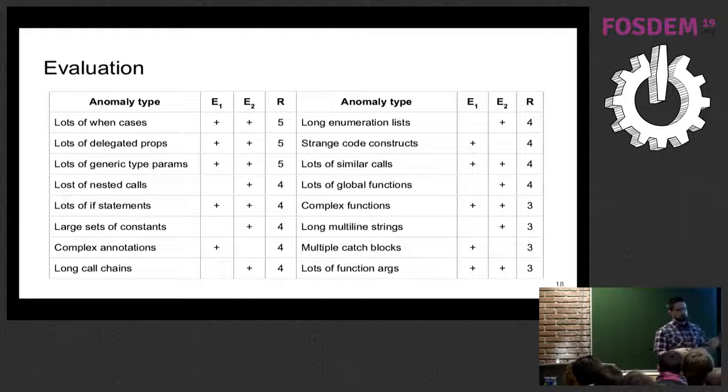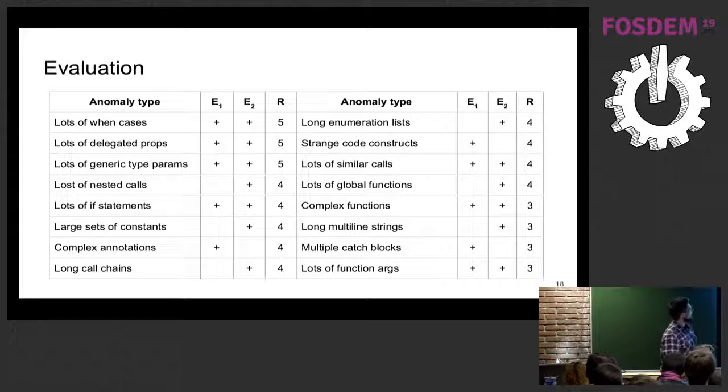We looked through them and manually labeled them. We got 23 types. We created a simple web interface that allowed Kotlin team developers to rank these anomalies one by one from 1 to 5. And 12 out of 23 types were considered very useful, meaning rank 4 and 5.